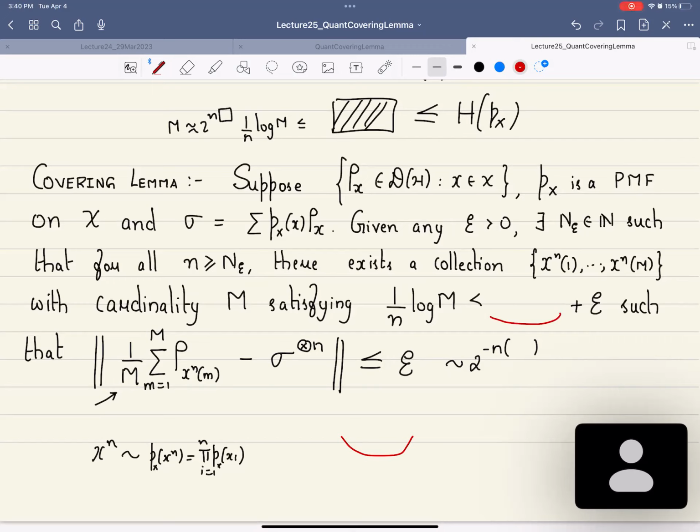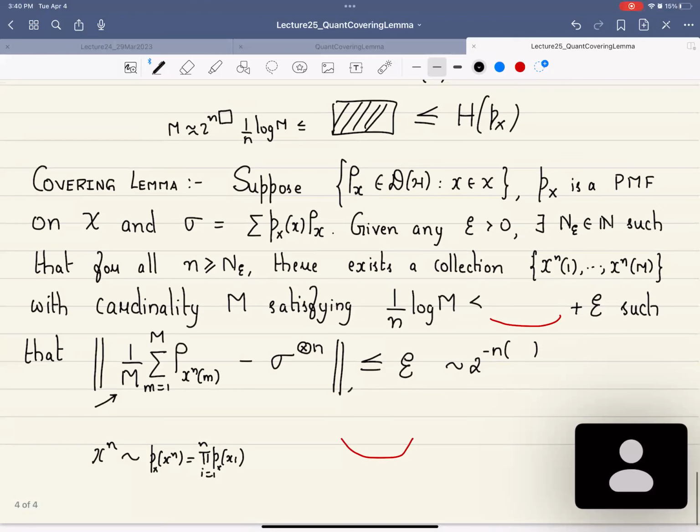Think what happens if I pick a little more than that. Will they all overlap? Will the world break loose? The covering lemma will kind of tell you that the world will break loose. So we will actually see that. Okay, statement is clear.